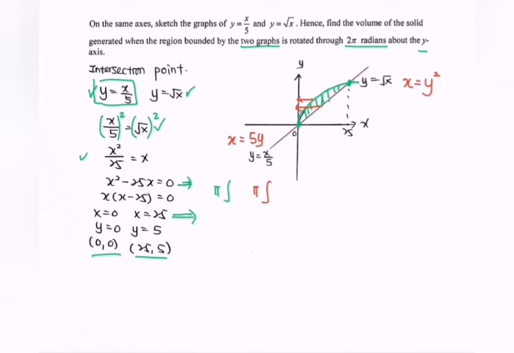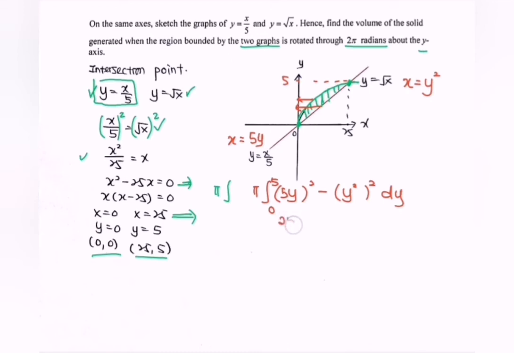The longest one will be the straight line. So we have 5y bracket squared minus the shortest line, which is the curve, y squared. So do remember to square the situation with respect to y for the limits 0 until 5, because here is 5.